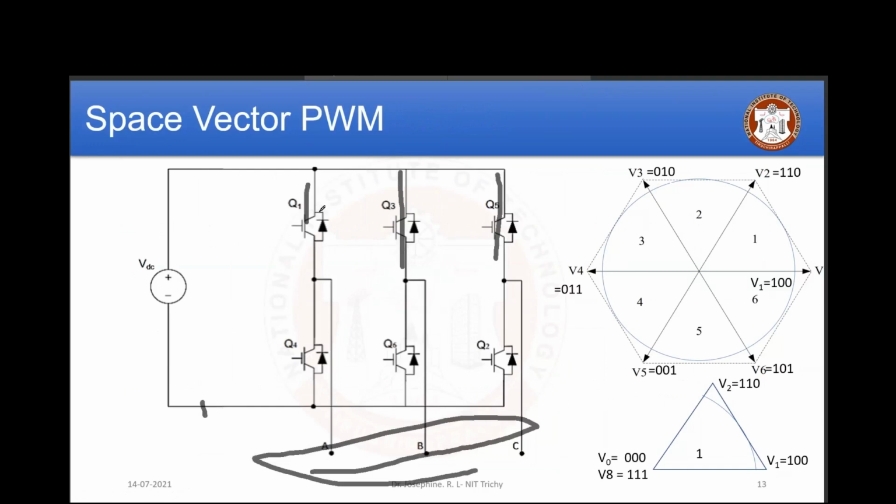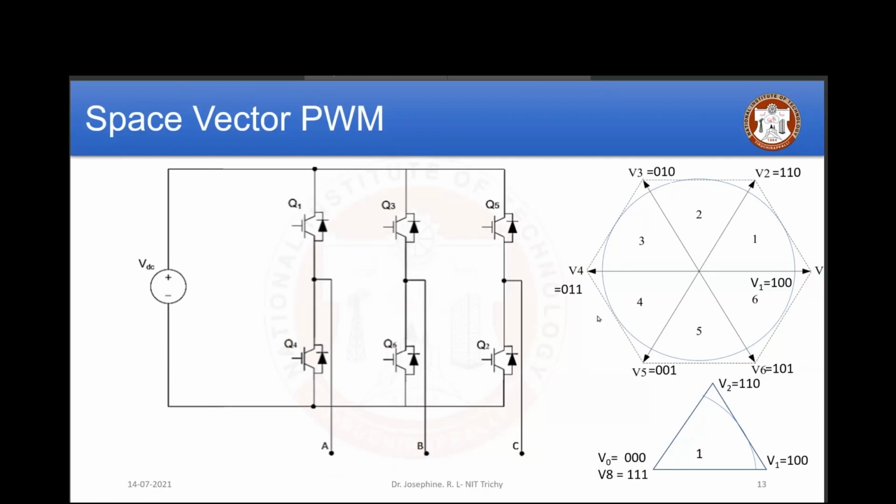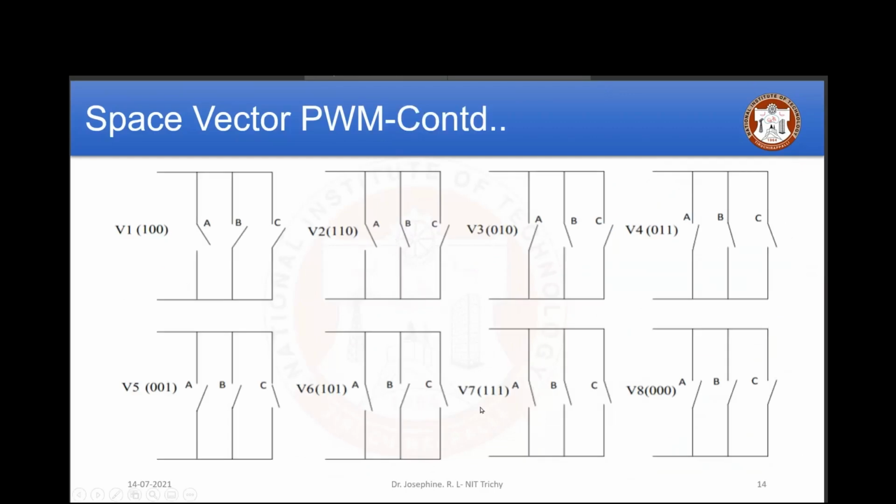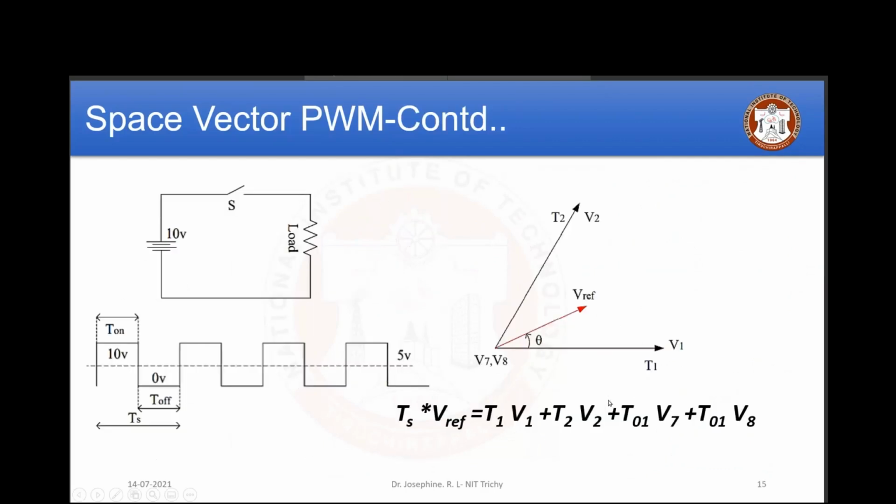Similarly, if I give 0, 0, 0, all three are shorted so the potential difference among them is 0. So these two are called redundant values. If you turn on all three upper switches, or all three lower switches, in both cases the voltage between them is 0. They are directly shorted, so there won't be a potential difference across them.